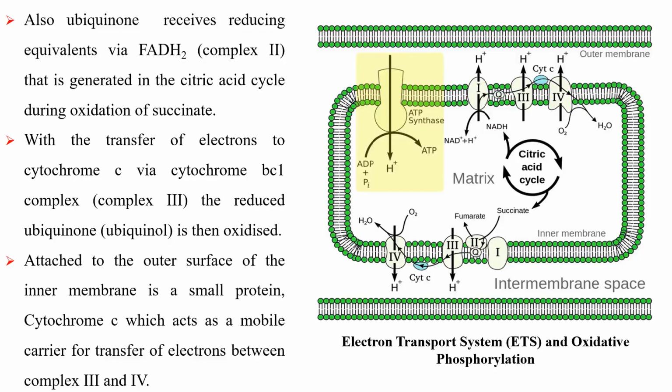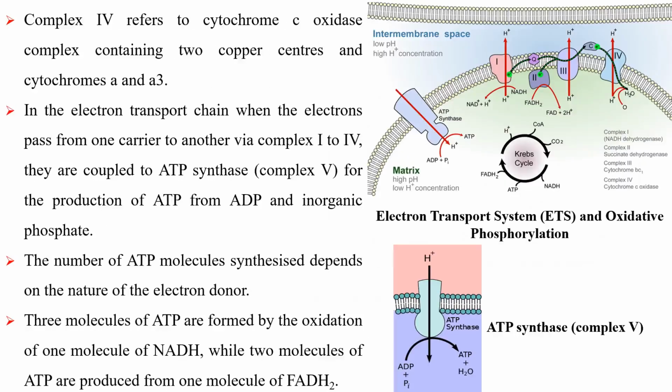Attached to the outer surface of the inner membrane is a small protein, cytochrome c, which acts as a mobile carrier for transfer of electrons between complex 3 and 4. Complex 4 refers to the cytochrome c oxidase complex containing two copper centers and cytochromes a and a3.